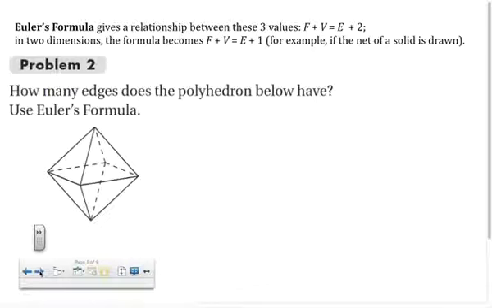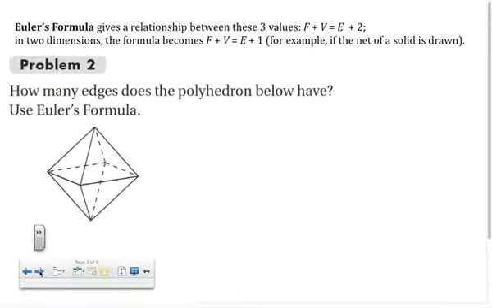And when we're looking at the three-dimensional figure, the formula is F plus V equals E plus 2. However, if you were to take a solid, a polyhedron, and cut it open and lay it flat, in other words, if you were to draw the net for it, the formula changes just a little bit to F plus V equals E plus 1.